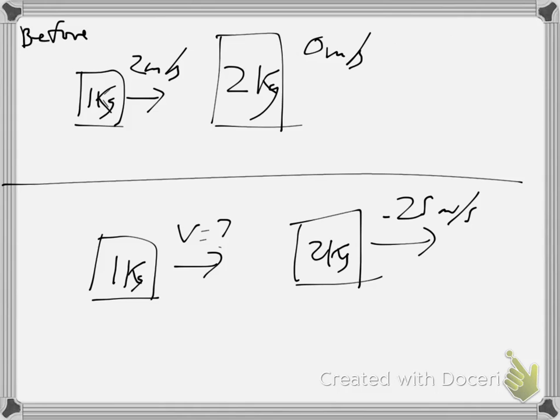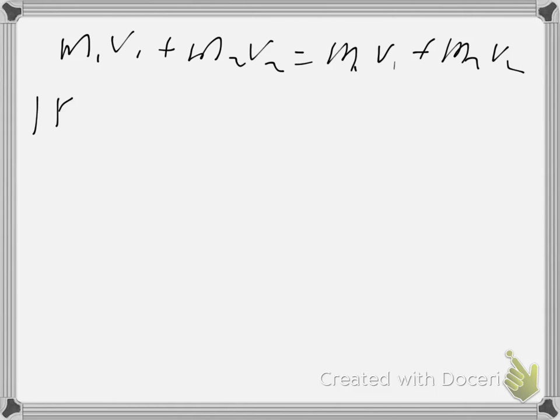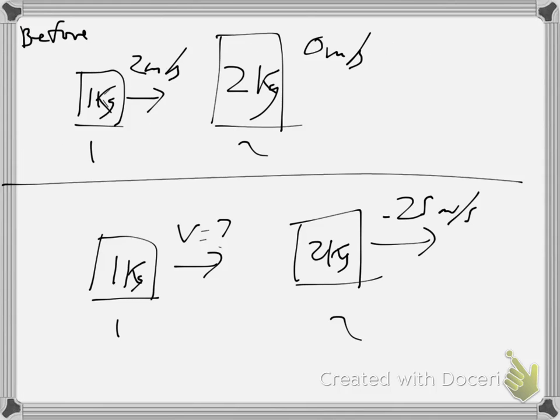So, look at our picture. Initially, object 1, let's call that the 1 kilogram box. Let's call object 2 the 2 kilogram box. The object 1 box has a mass of 1 kilogram, has a velocity of 2 meters per second. Excuse me, 2 meters per second, not squared. And our second box, this one here, is moving at 0 meters per second.